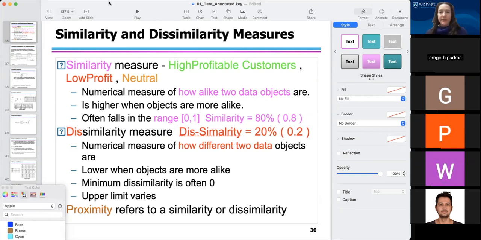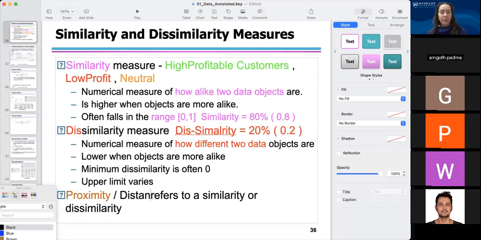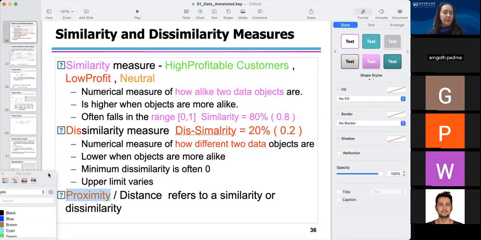Another thing that is important is the distance between the objects, proximity or distance, which is also related to the similarity and the dissimilarity. So proximity will be when the objects are similar to each other. If we are to plot those objects, that is, visualize the objects in a two-dimensional space or three-dimensional space, as many attributes as they have, each one of those is a dimension.